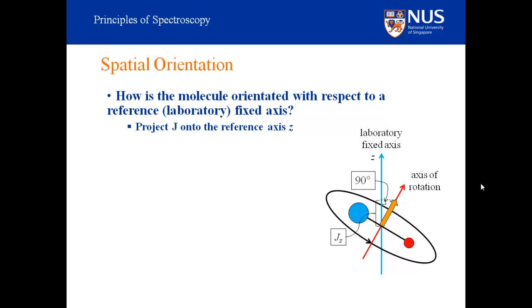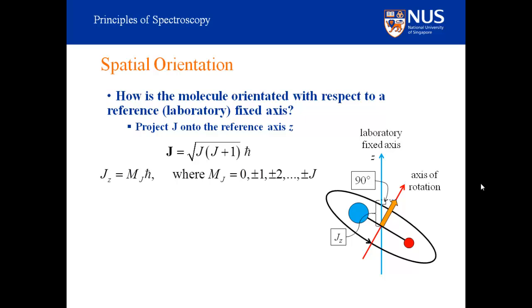In fact, it isn't arbitrary. My molecule can orientate itself with respect to my laboratory axis in only certain directions. The orientation is also quantized. This is, I agree, a bit tricky to appreciate. My value of j sub z here can only vary from plus j to minus j.